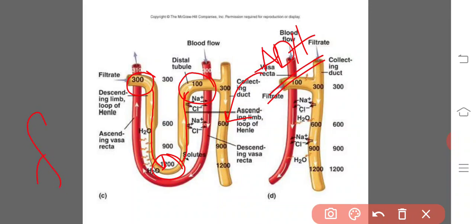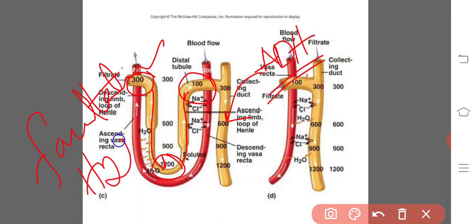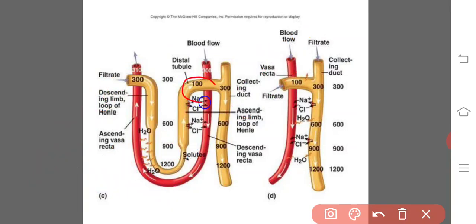There is a facultative water reabsorption, so that the hypotonic urine, which contains 100 units and 300 units of osmolarity, becomes, due to the removal of water, 600, 900, and finally it achieves 1200 osmolarity concentration. That is only due to the reabsorption of water from the collecting duct due to the effect of antidiuretic hormone.